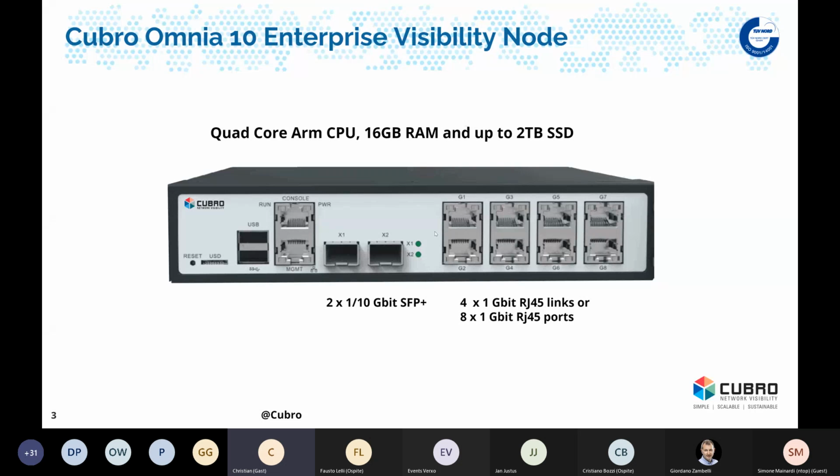It has a powerful quad ARM core CPU, RAM, and storage capabilities, which makes it useful as an all-included platform. The idea is to use this with mid-sized customers because it makes it easy.